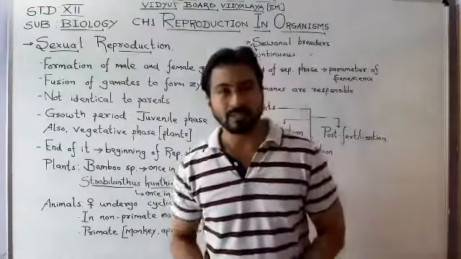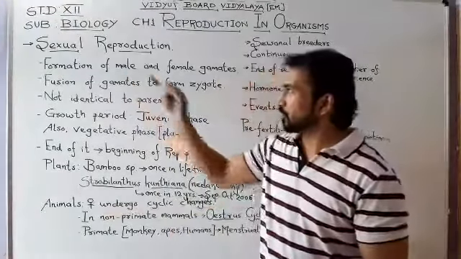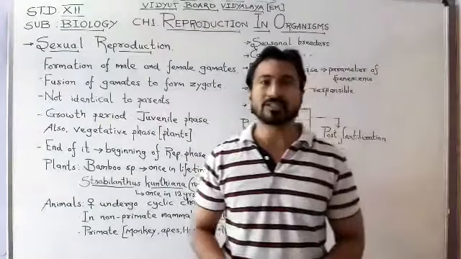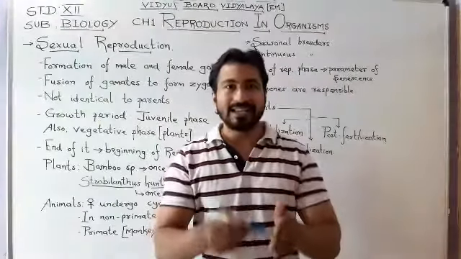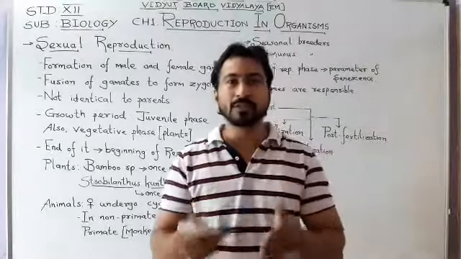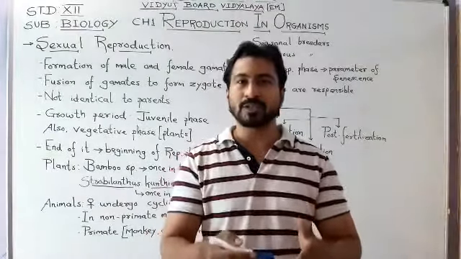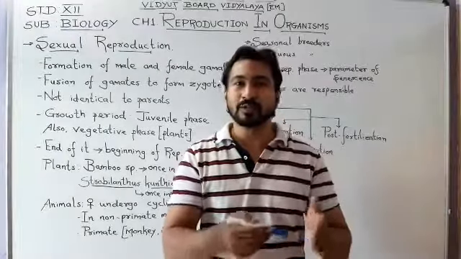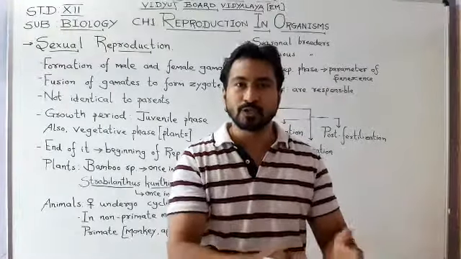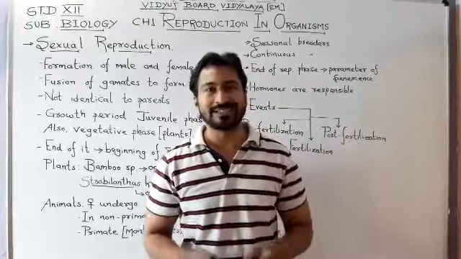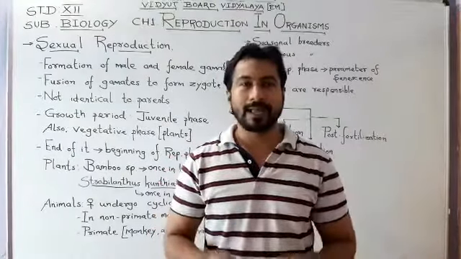So let us see the crux of this sexual reproduction and what happens during it. At the time of sexual reproduction, the formation of the male and the female gametes takes place. The male gamete, normally in case of humans we call it the sperms, and the process of formation of the sperms is known as spermatogenesis. That process mainly takes place in the males.